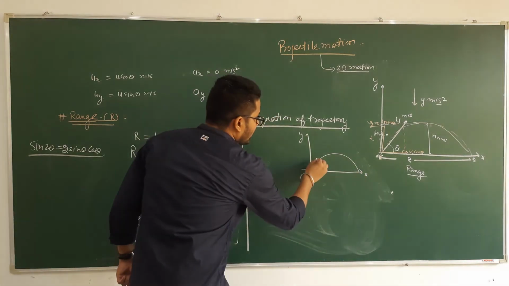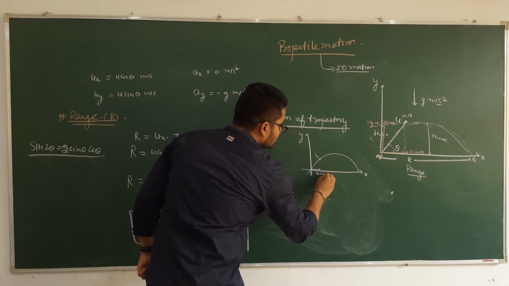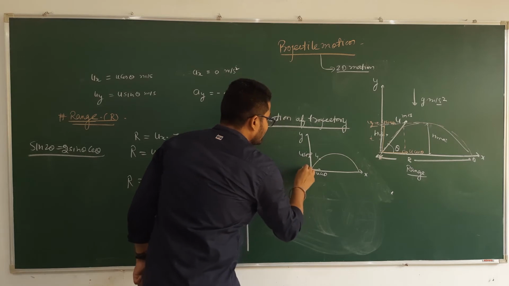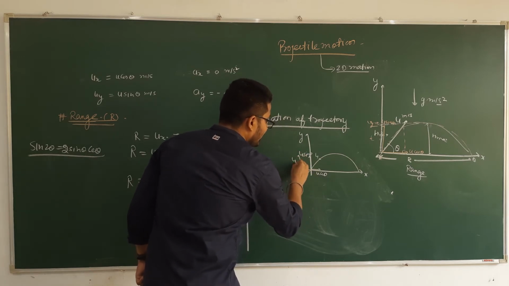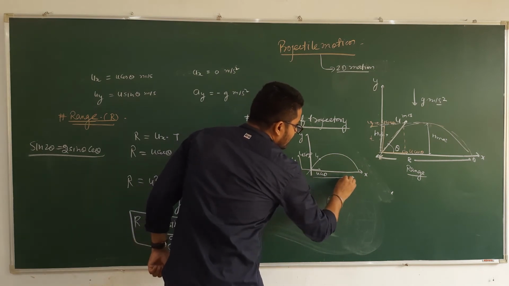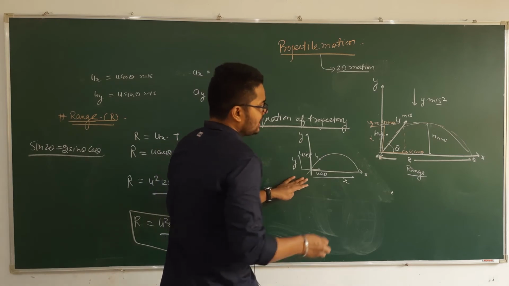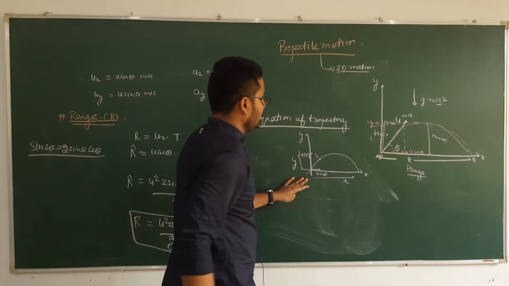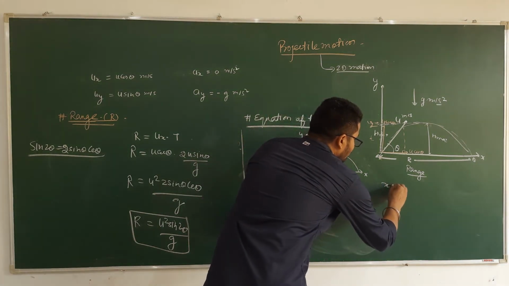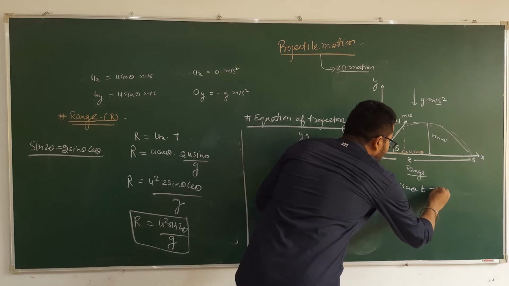Okay, so here this is the velocity u, this direction is u cos theta and this direction is u sin theta. In vertical direction the displacement is y. In horizontal direction the displacement is x. So what will be the equation? For the x distance, x is equal to u cos theta into t.